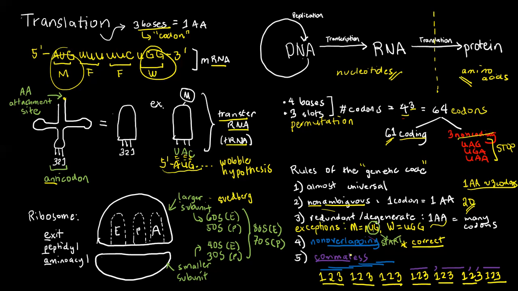For example, let's say my first codon is 123, as in this one. The moment I used this, I am not anymore allowed to use this for the next codon. So I cannot do 123, 231, or 123, 312.